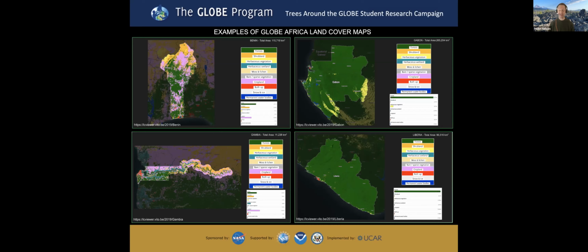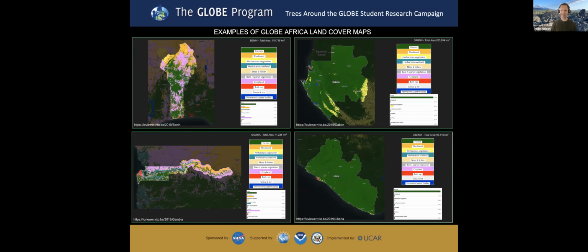So this is a big piece that I think the GLOBE program can really foster, is helping us to become global citizens and really understand why things look the way that they do in the world around us, not only locally, but also globally. So we want to highlight that because we don't know how many people are actually going to these maps and are actually exploring them, are coming up with questions based off of these.